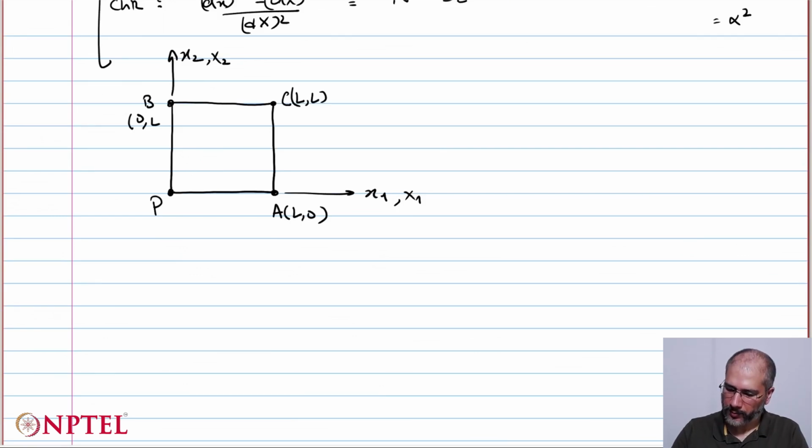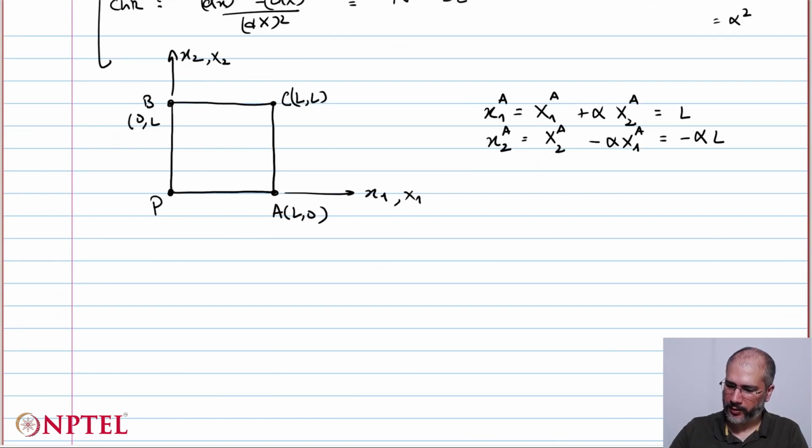So as the deformation happens, what we'll notice is that x1 of A is capital X1 of A plus alpha times capital X2 of A. Now since capital X1 of A was L, so this is an L, and small x2 of A is capital X2 of A minus alpha capital X1 of A. And since capital X2 of A is 0, this becomes minus alpha L. So for visualization, let us say that alpha is half.